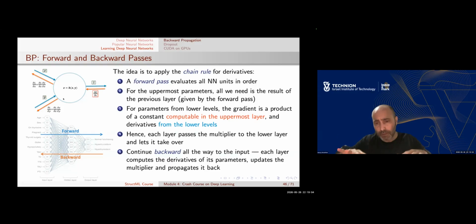You continue backward all the way to the input, and therefore you cover all of your parameters and compute all of their derivatives, and then you can do whatever you want, gradient descent or an Adam optimizer.